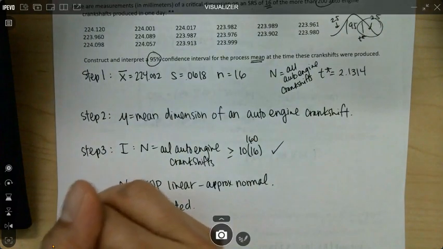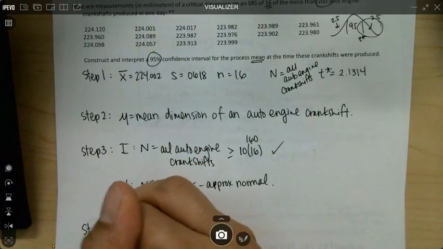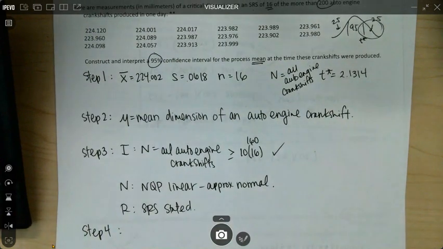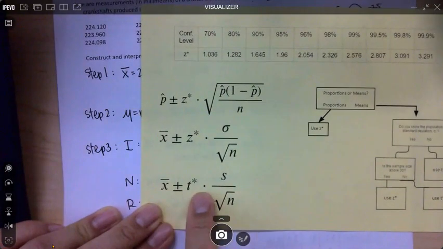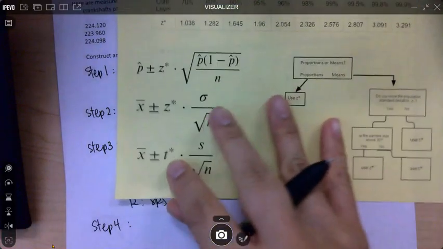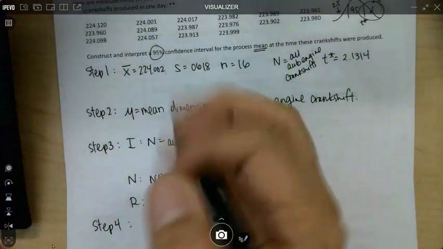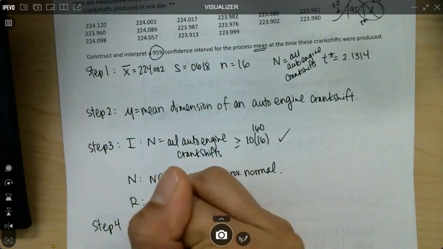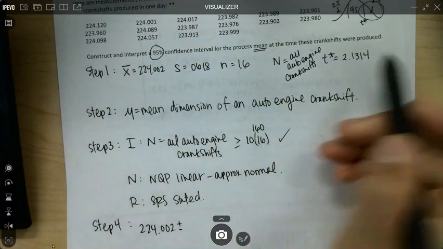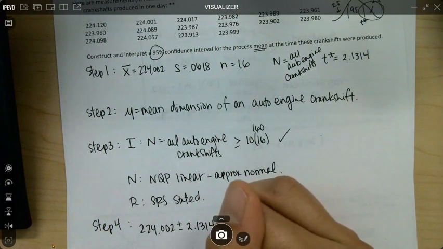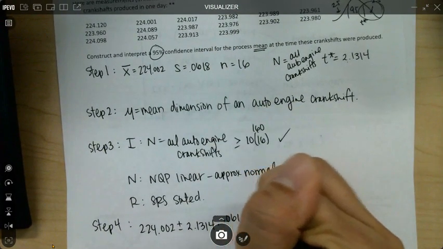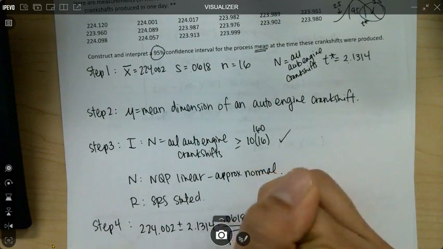All right, so step 4, we're going to do our calculations. So remember the calculation for this is going to be this bottom one since we're using t star. So x bar is going to be 224.002 plus or minus t star, so 2.1314 times s, 0.0618, over the square root of n.